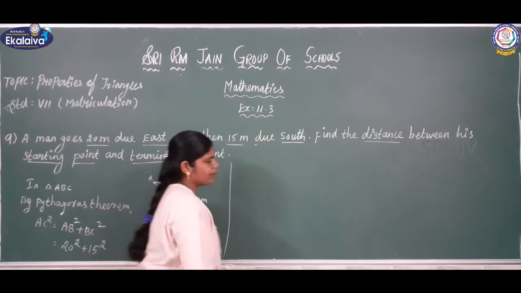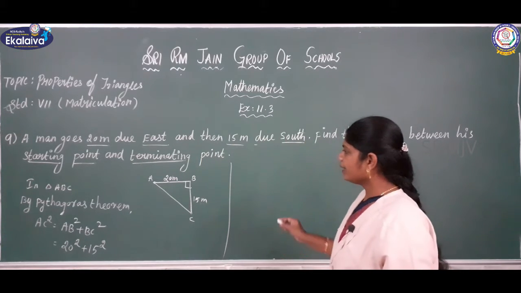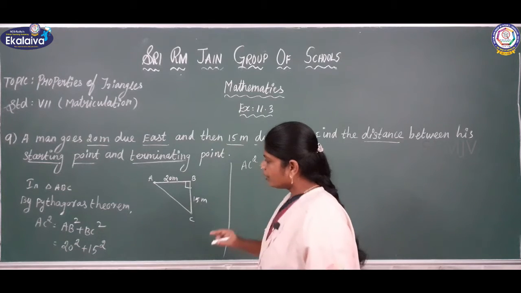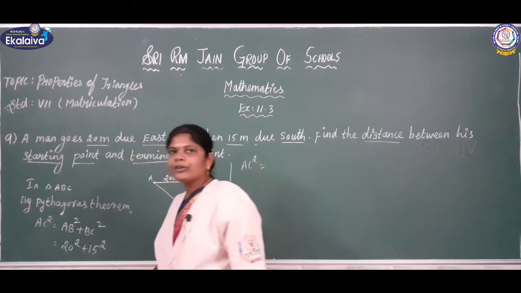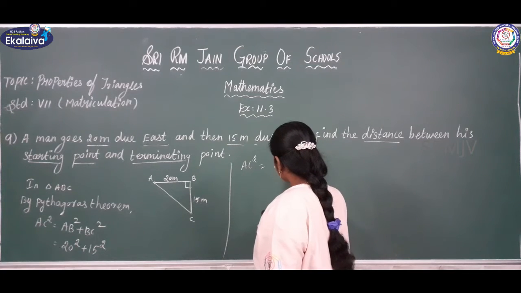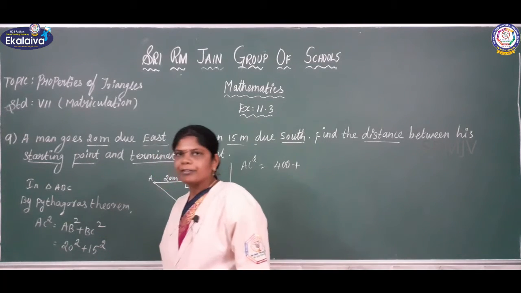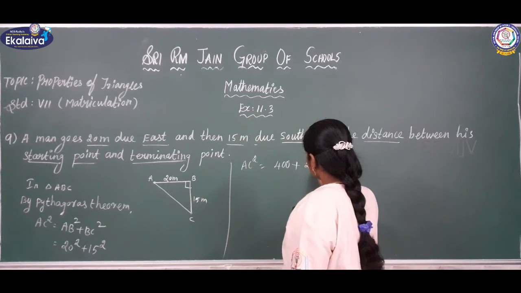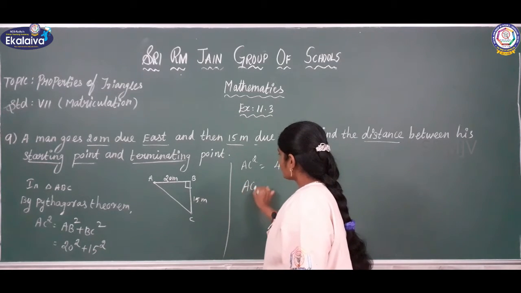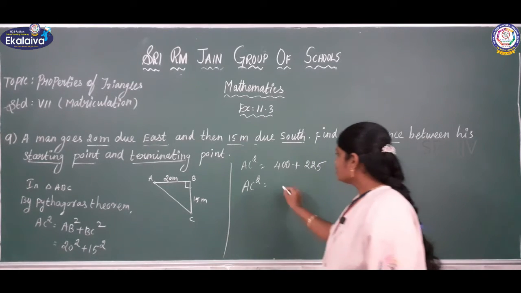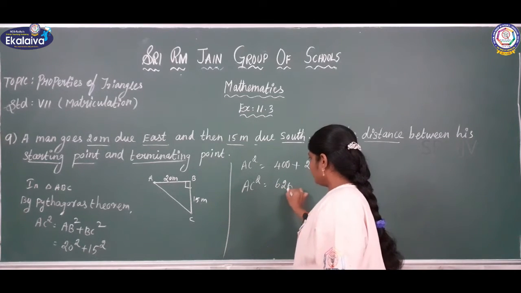Okay, square this number. What you will get? AC square equal to, when we square 20 into 20 we get 400 plus 15 square, 15 fifteens are 225. Just you add it, AC square equal to, when we add this, what you will get, children? 625.